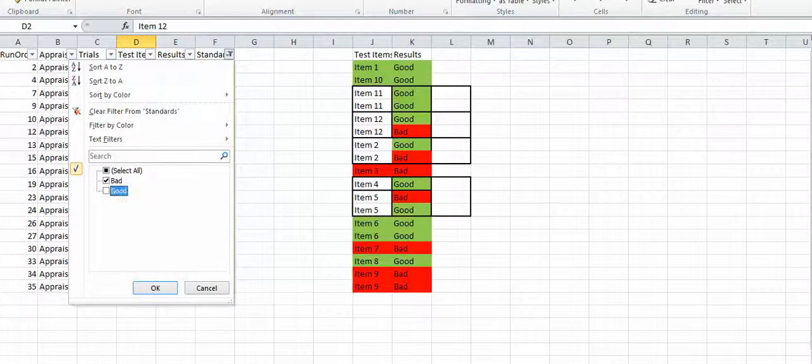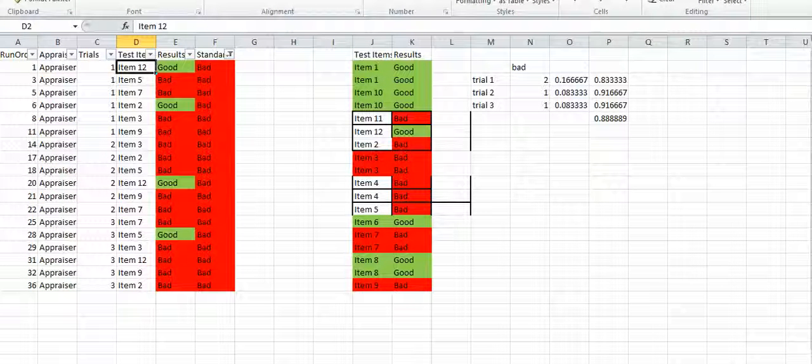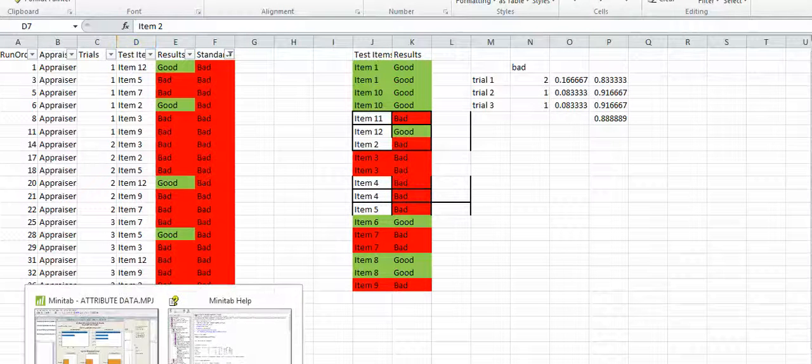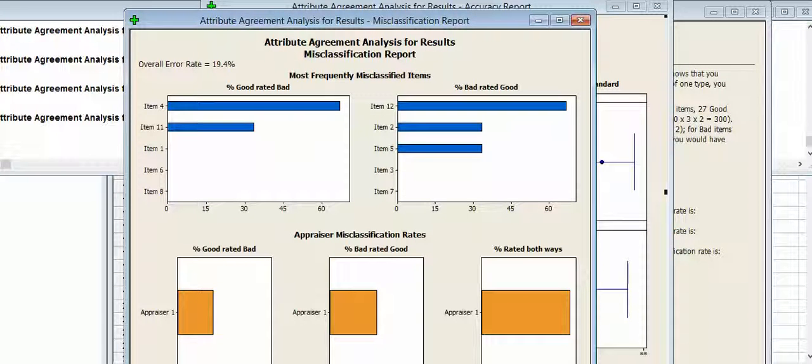I'm going to switch back the colors, and sure enough we have item number 5, 1 mislabeled, and item 12, we missed item 12 2 times, and I think we also missed item 2 1 time. And switching over to Minitab, yeah, item 5 and item 2 we missed once, and we missed twice on item number 12. So again, this is Minitab, a lot better interface, much easier performing this.